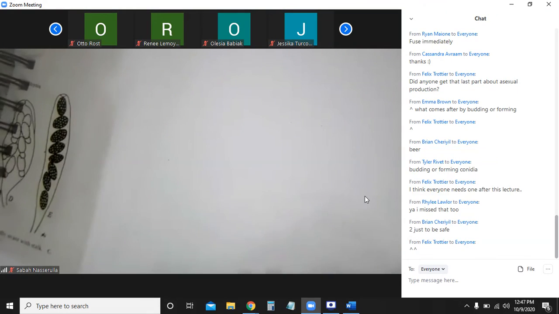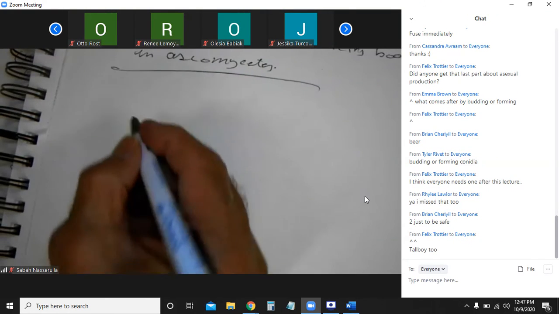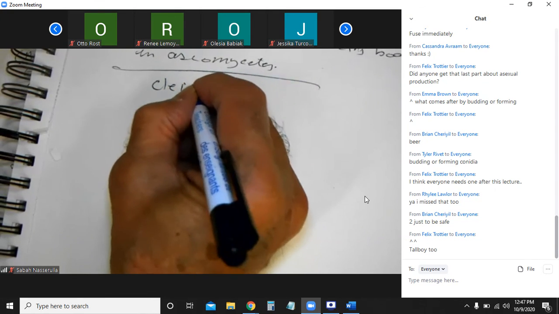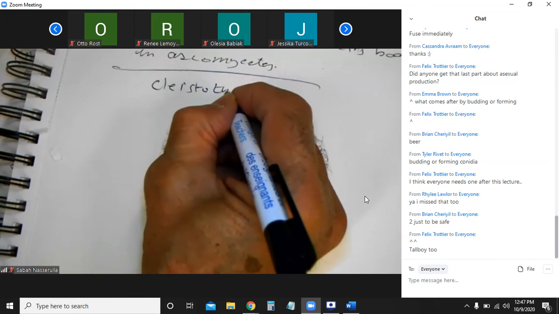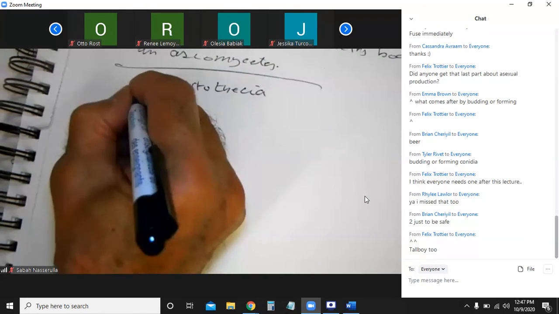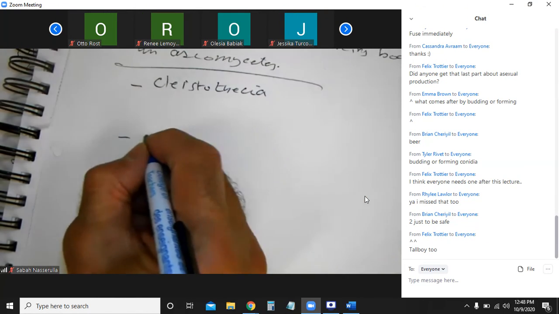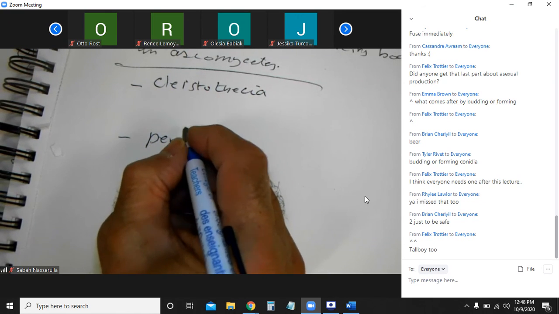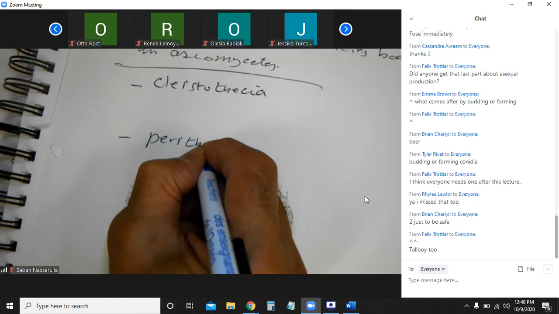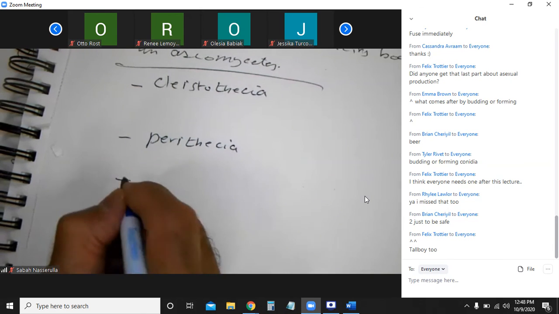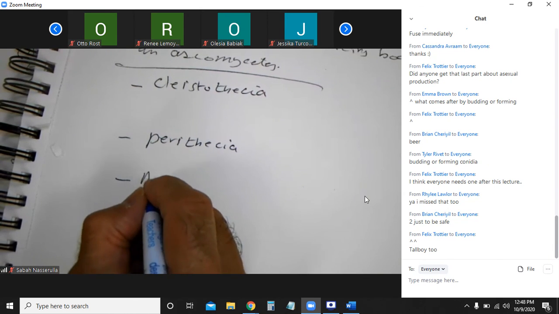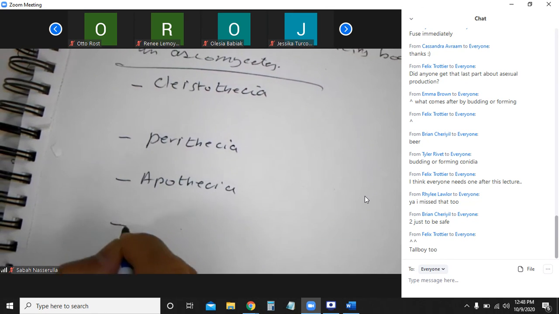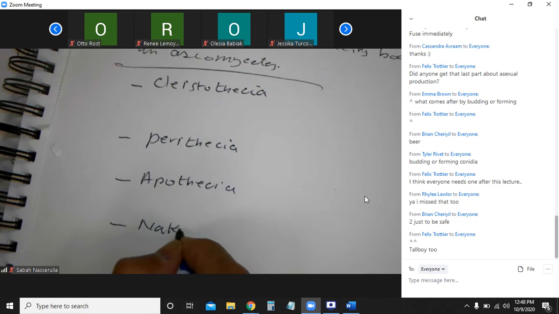So basically they produce either cleistothecia, perithecia, apothecia, or naked asci.